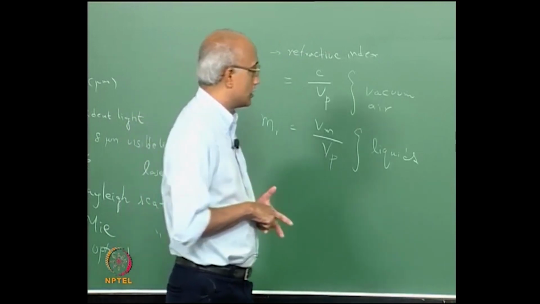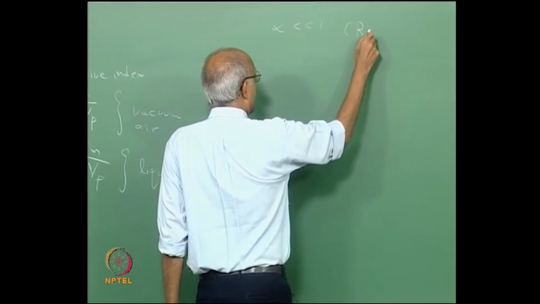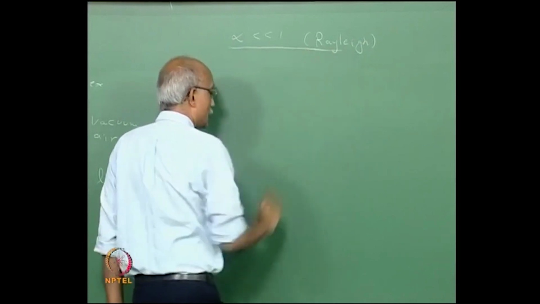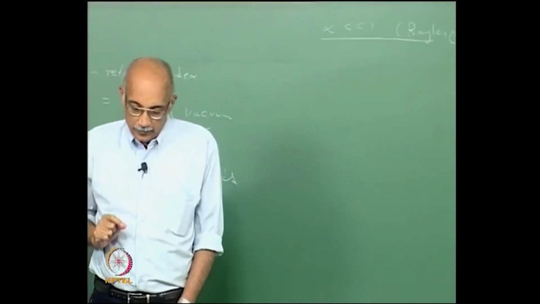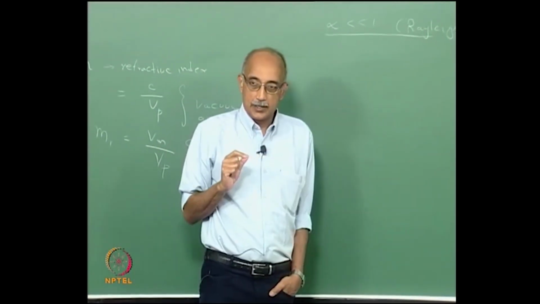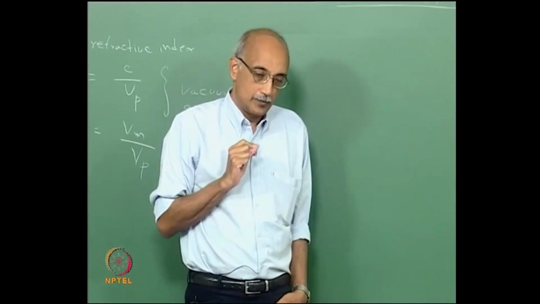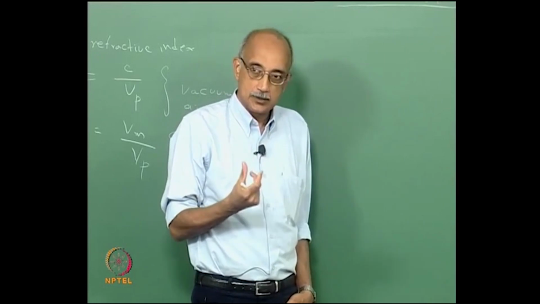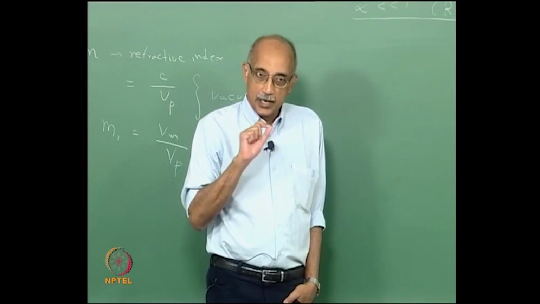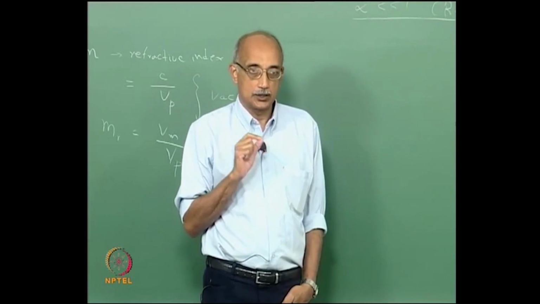Okay, so let us first talk about the alpha much less than 1 or the Rayleigh scattering regime. In this regime, obviously the particles are much smaller than the wavelength of the incident radiation, and the relationship between particle size and the various other parameters to the scattering characteristics of the particle can be established fairly conclusively.